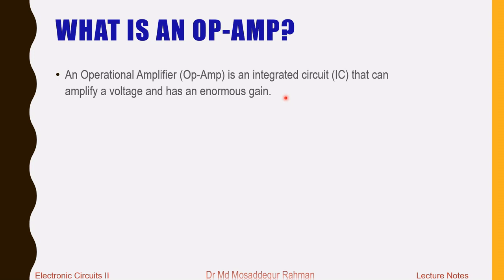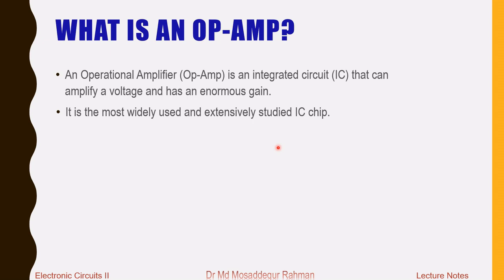So the op amp not only works as an amplifier, it can be used to construct circuits that can perform many different operations. It can have many different functionalities, and that's why the name operational amplifier. And it is the most widely used and extensively studied IC chip.